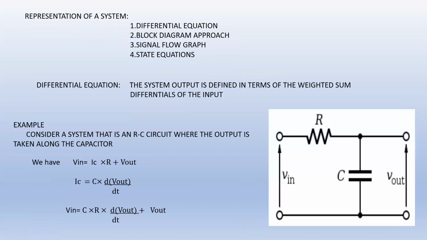We have the transfer function, which is nothing but the ratio of the Laplace transform of the output to the Laplace transform of the input. So this is how we represent a system with differential equations. Based on these differential equations, we have this transfer function.